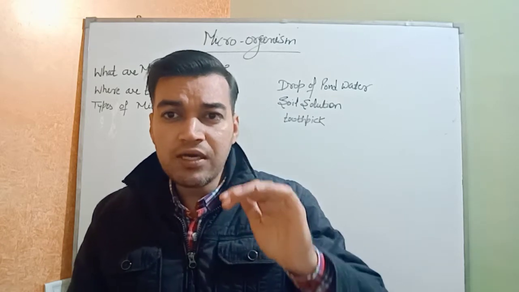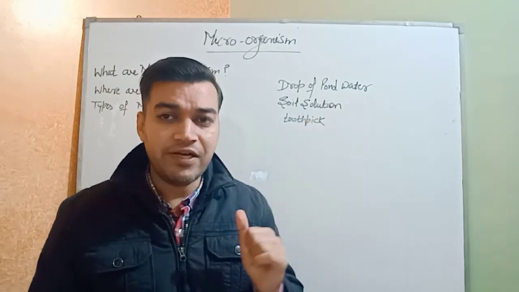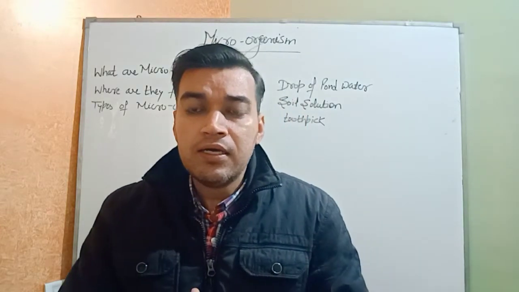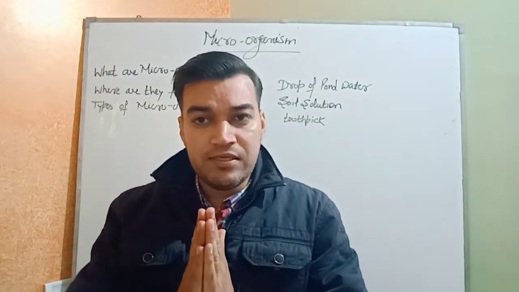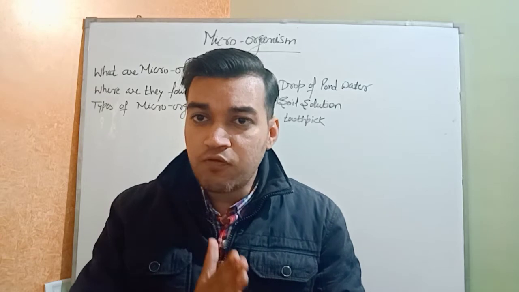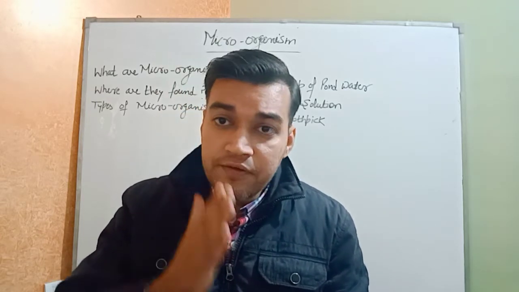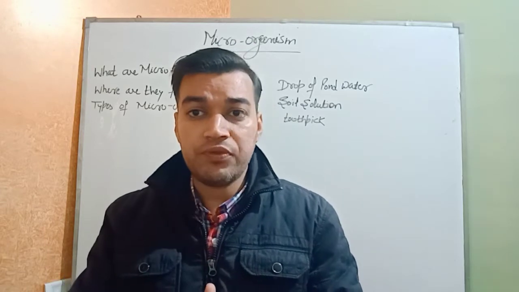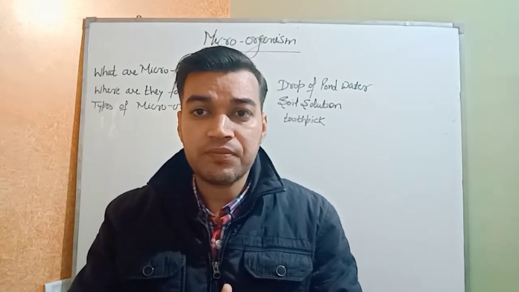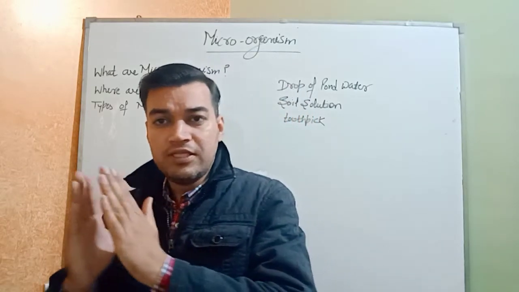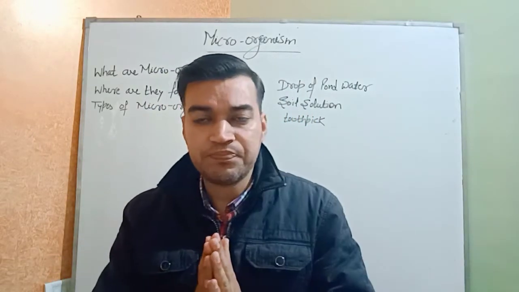So what are the conclusions from these three activities? The conclusion is that microorganisms can live in water, can live in soil, and they are living inside your body also. So what is the definition of this type of tiny organism?